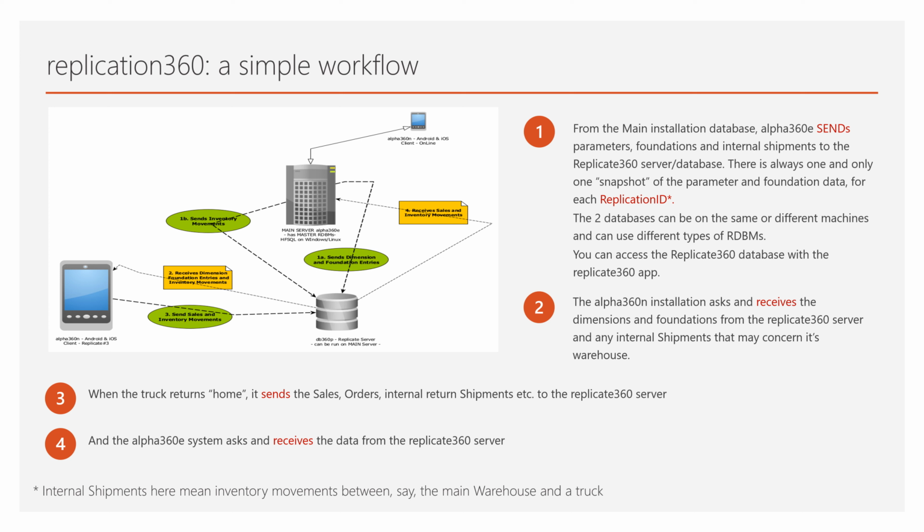Now, again, with the help of web services, the alpha360N installation asks and receives all dimensions and all foundations from the replicate server, and any internal shipments that may concern the virtual warehouse of this alpha360N installation.